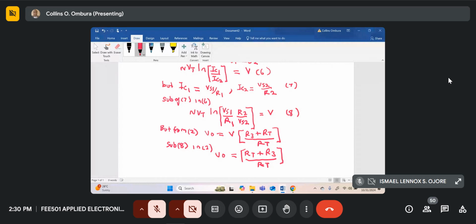Then V is eta Vt, and natural log. I'll put in this form, VS1 over VS2, R2 over R1.